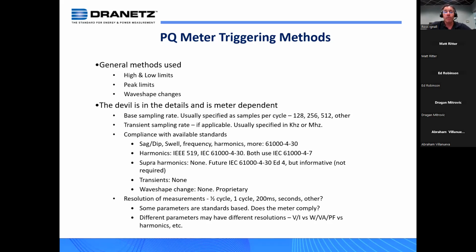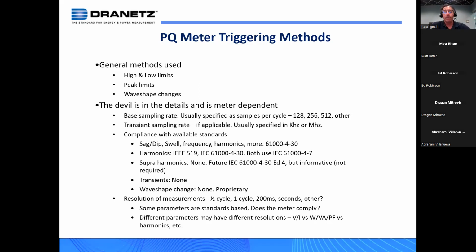Again, these are usually represented in digitized samples per cycle. Then they went to 64, 128, 256. The common sampling rate right now is 512 samples per cycle on basic power quality meters. Probably basic is the wrong term to use, but that's the base sampling rate that is used.